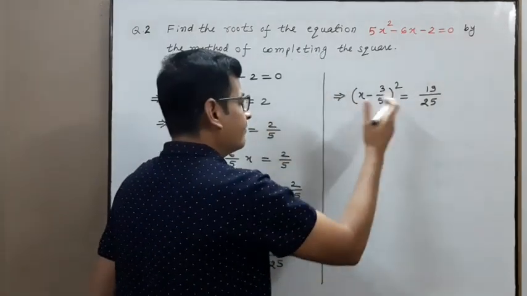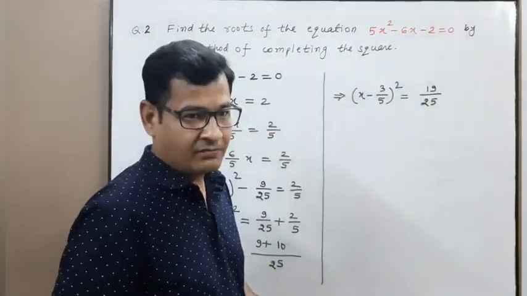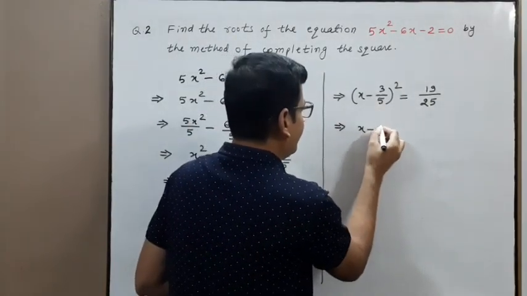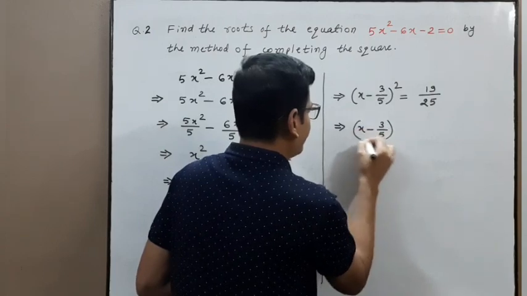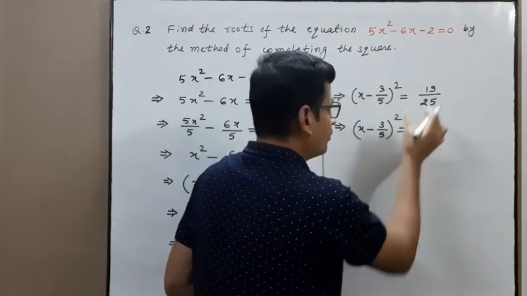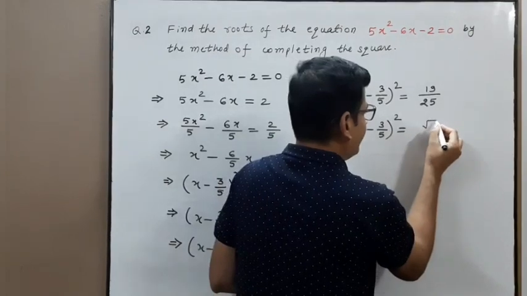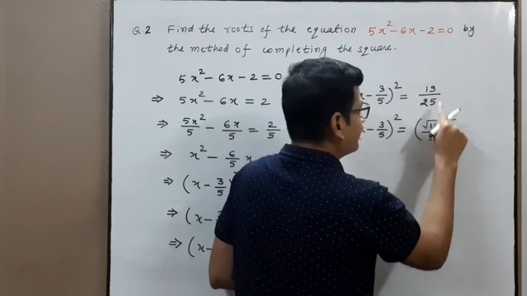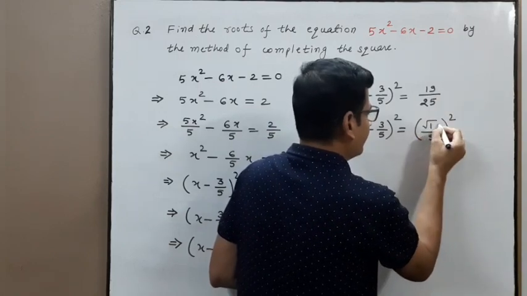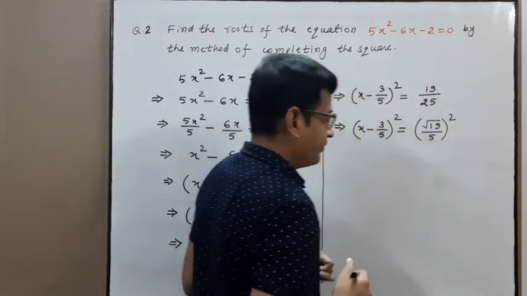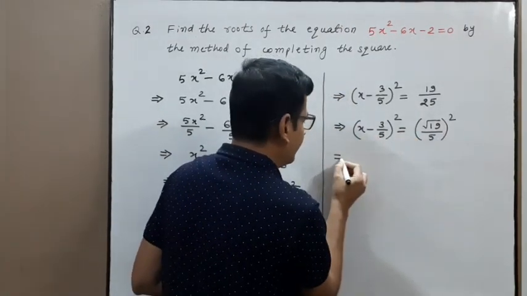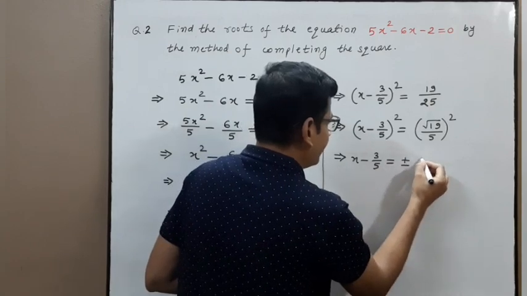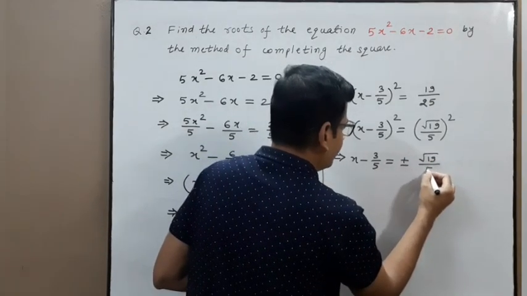Now write this term in the form of x square equal to y square or y square equal to x square. So this is already a square. x minus 3 by 5 whole square is equal to, we don't know the square root of 19, so we can write root 19 upon 5 whole square. Root 19 square is 19 and 5 square is 25. So this is y square equal to x square. So next step we can write x minus 3 by 5 equal to plus minus root 19 upon 5.